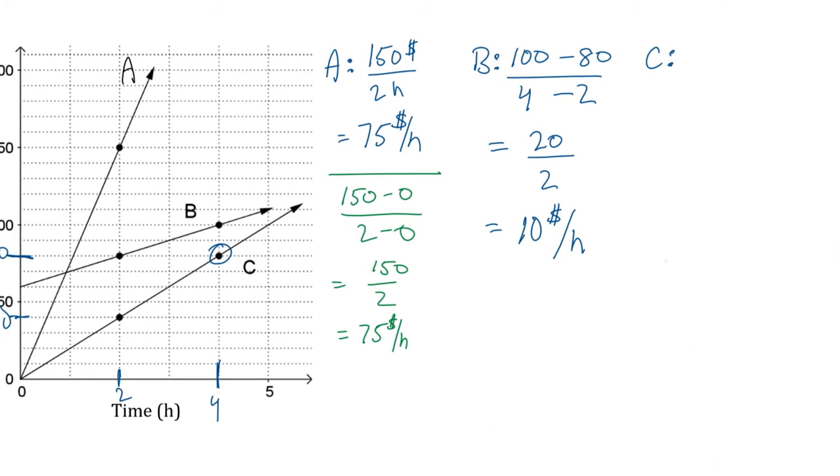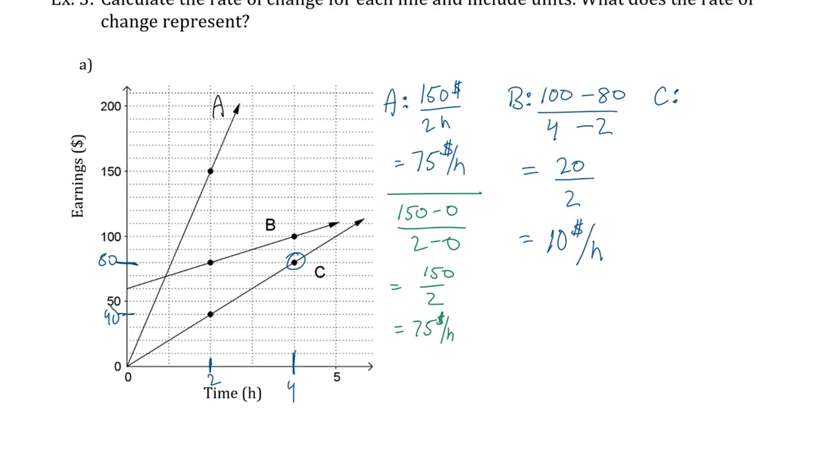So my change is from 40 up to 80, which is 80 minus 40, over from 2 to 4. So that changes 4 minus 2. 80 minus 40 is 40. 4 minus 2 is 2. 40 divided by 2 is $20 per hour.